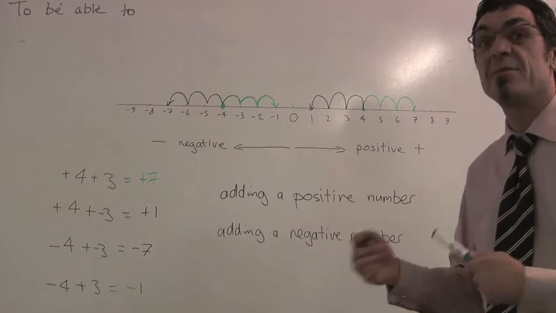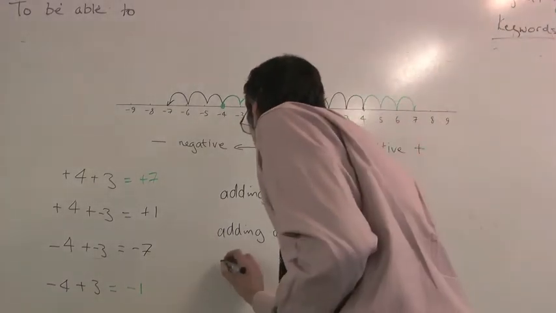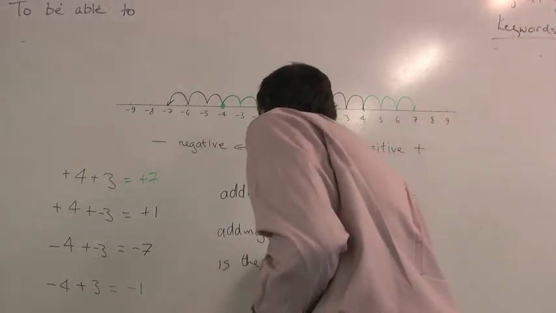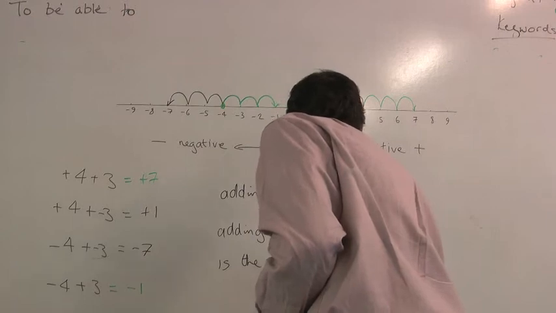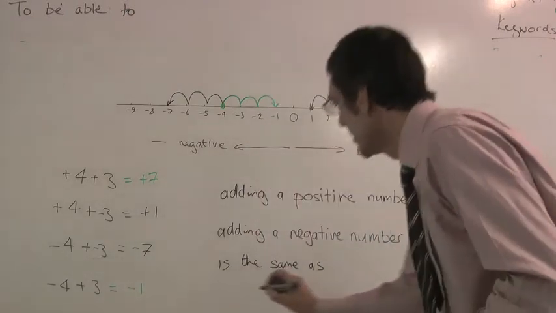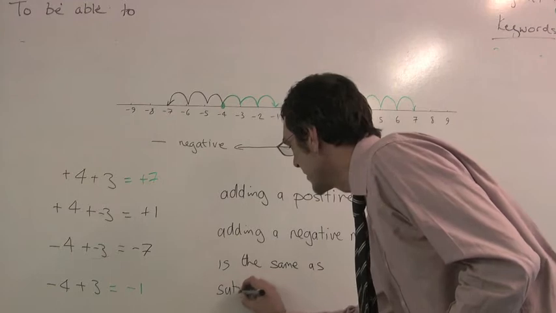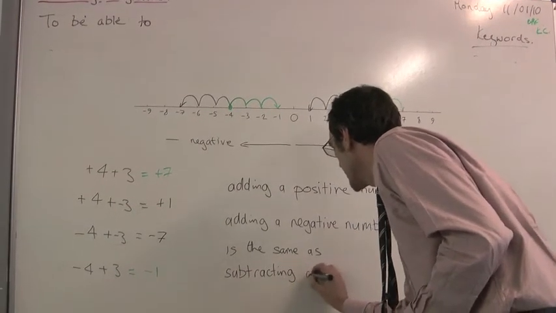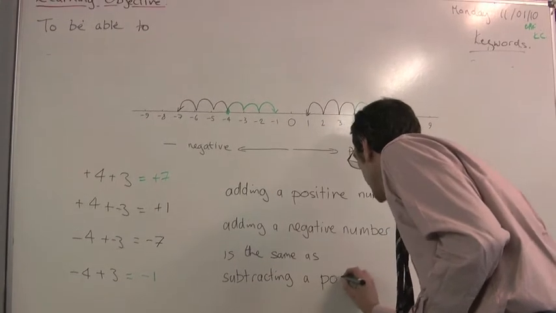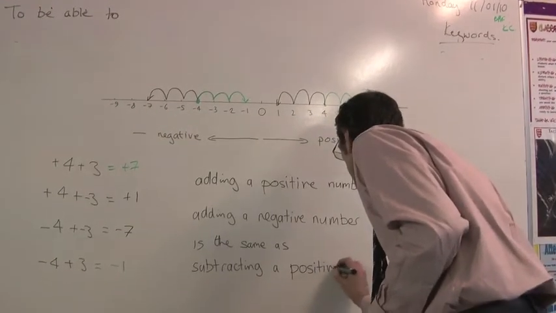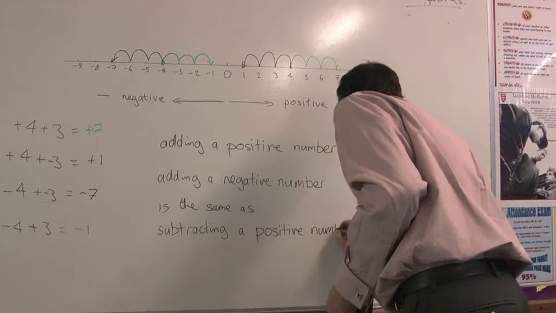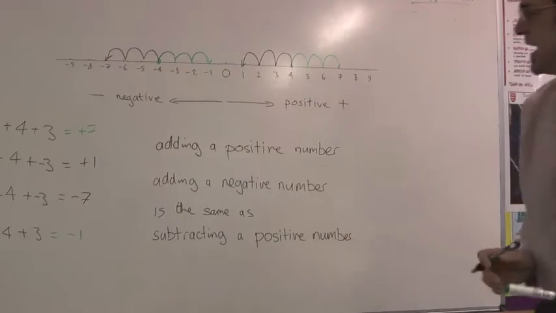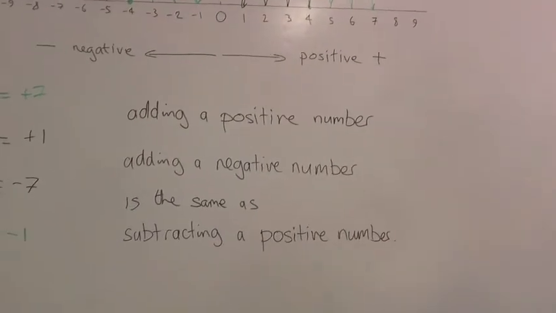So adding a negative is the same as taking away a normal number. Adding a negative is the same as subtracting a positive.